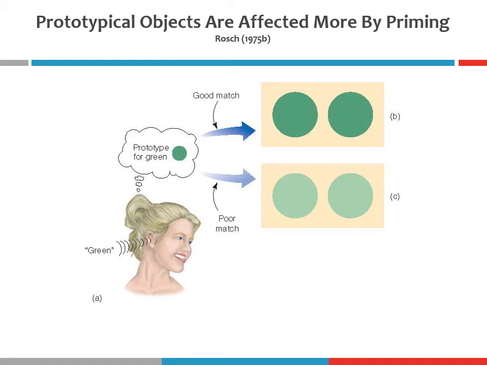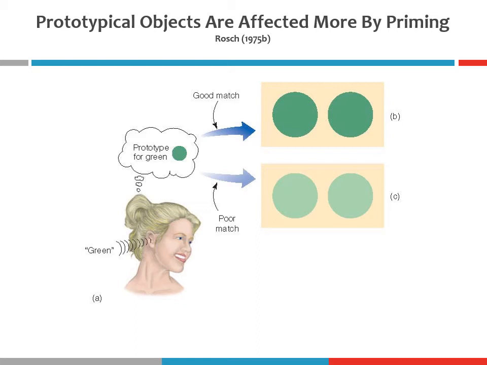It took an average of 780 milliseconds. Right? So what seems to be happening is that when participants heard the word green, they judged 2 patches of primary green as being the same more rapidly than 2 patches of light green.